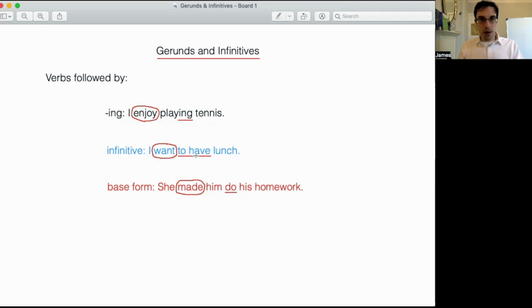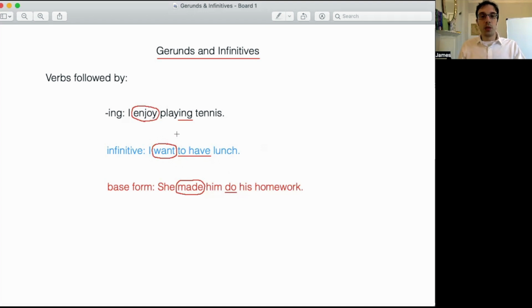And this grammar system is the same for the infinitive, except you have to remember to actually follow the word want, for example, with an infinitive. So the word want is always followed by the infinitive. You say want to do, want to play, want to go, etc. And again, if you put it in the past, you only change the verb want. So I wanted to have lunch, okay? You only need to change that first verb.